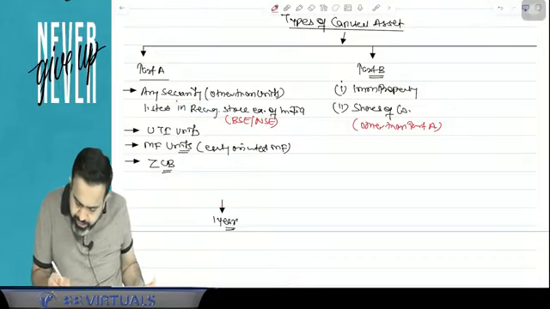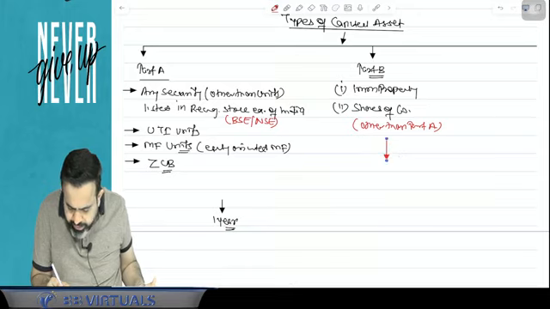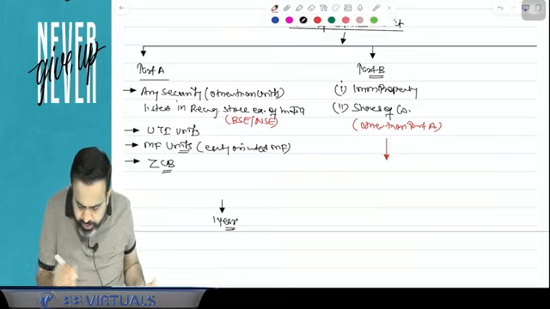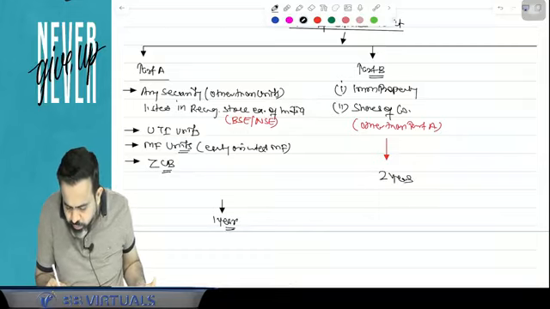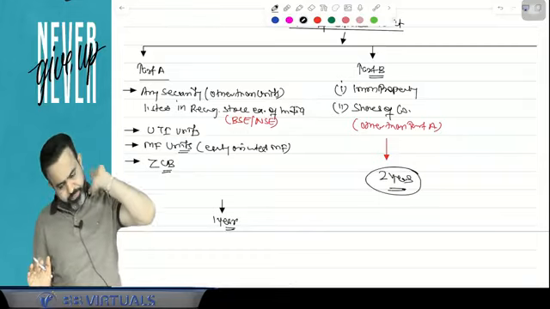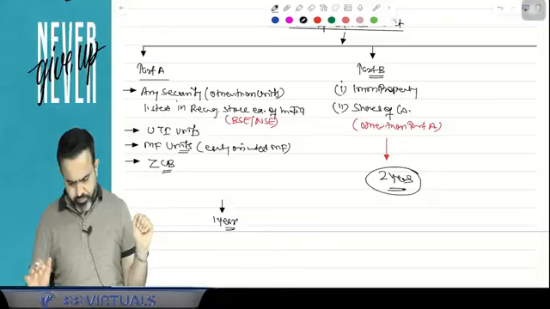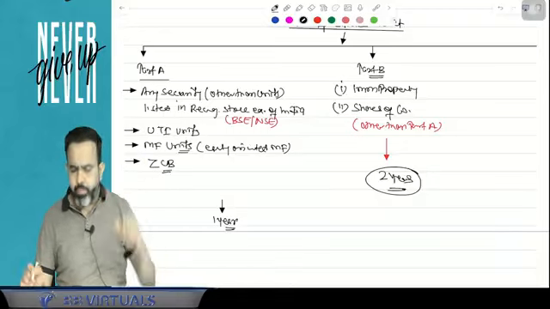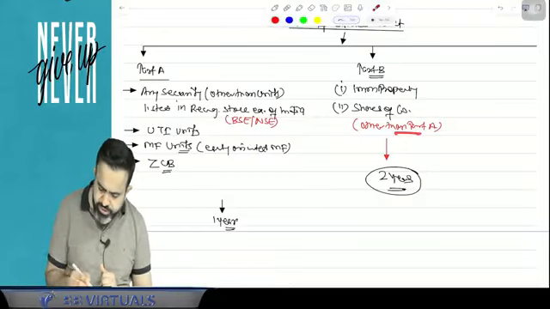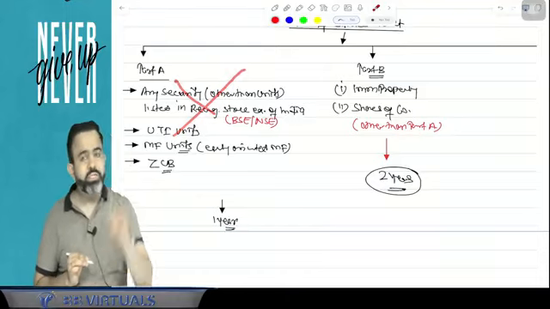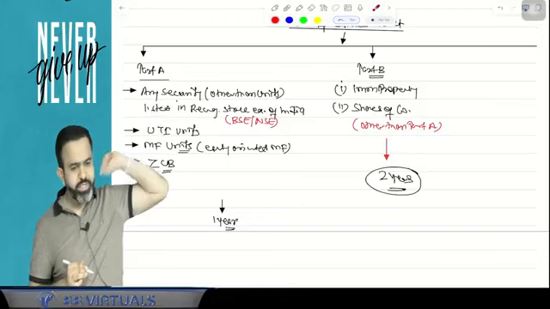But guys, if that is an unlisted share, then here the period of holding you have to check is 2 years. So second is part B, in case of immovable property and shares of a company, but shares of a company other than shares covered in part A, because listed shares are already covered there.